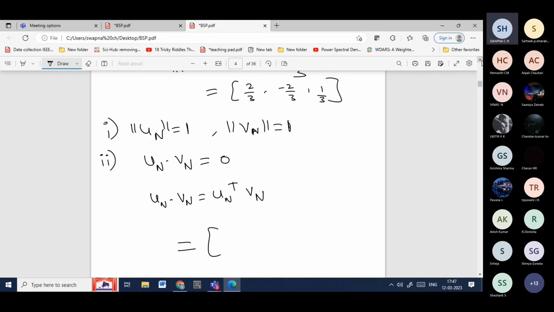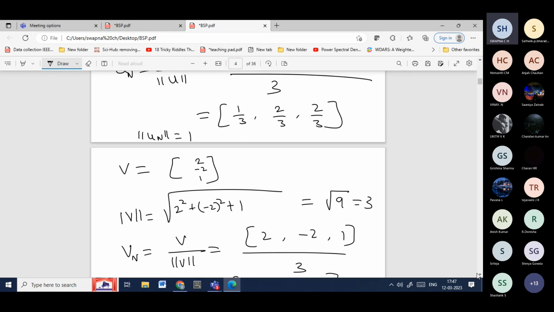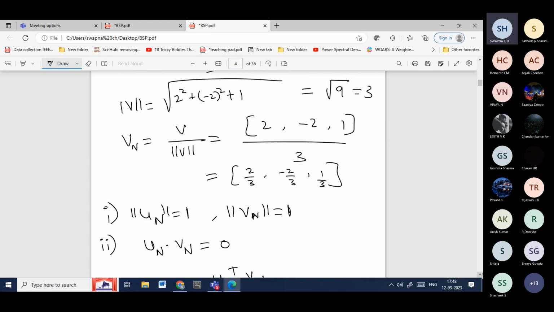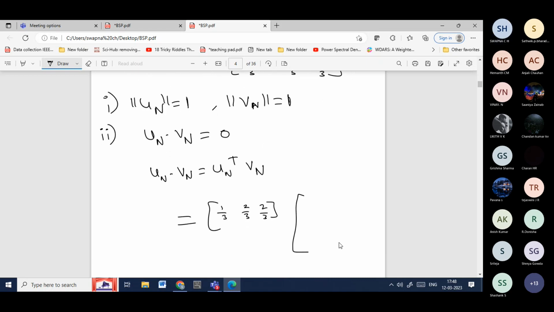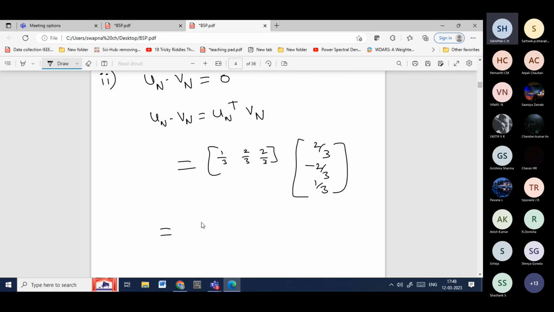Un is (1/3, 2/3, 2/3). Usually we write it as a column vector, so the transpose of this is the row (1/3, 2/3, 2/3), multiplied by vn, which is (2/3, -2/3, 1/3). Multiplying these two, it's 2/9, minus 4/9, plus 2/9. Taking the LCM, 2 minus 4 plus 2 is 0 by 9, which is nothing but 0.